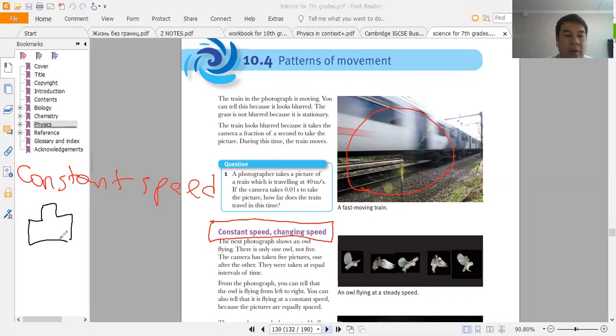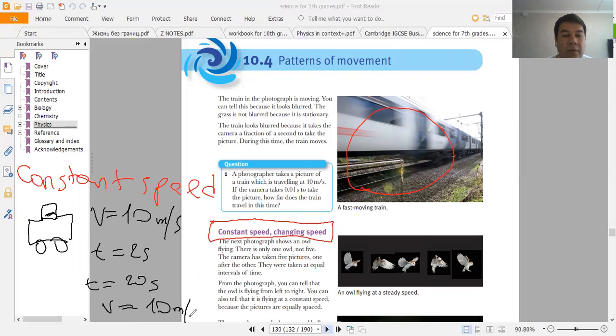The car is moving with a velocity equal to 10 meters per second. It starts at a time like 2 seconds. And then when the time is 20 seconds, the speed is still 10 meters per second. So you can see the speed of the car is not changing.